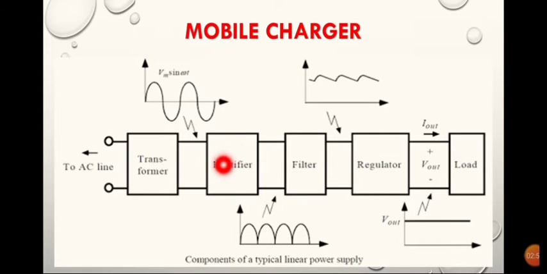This rectifier diode converts the AC voltage into DC form. But just observe this figure. In this figure, you don't have pure DC voltage. Instead, you have pulsating DC, which means some pulses are present, as shown in this graph.